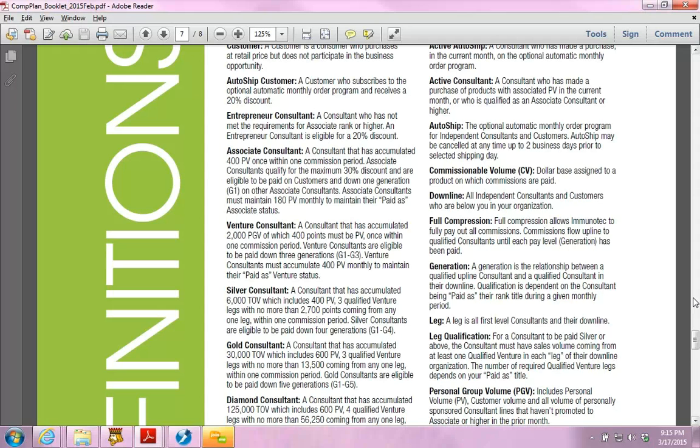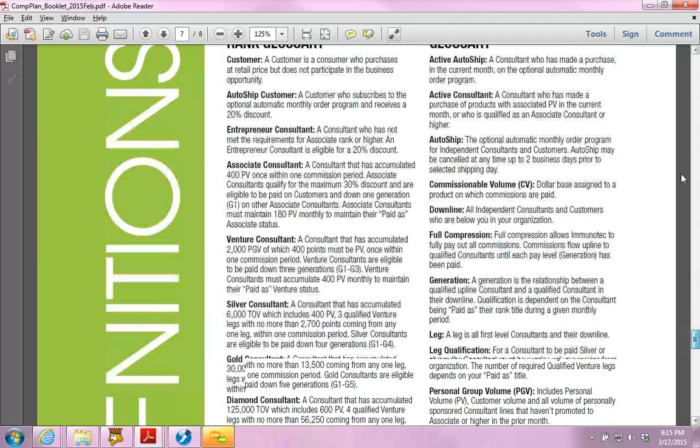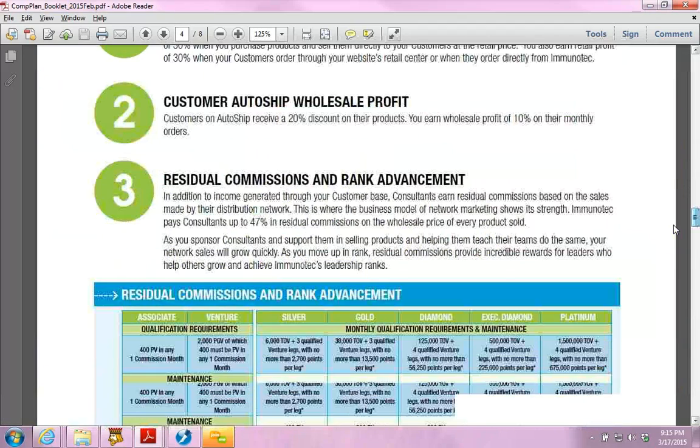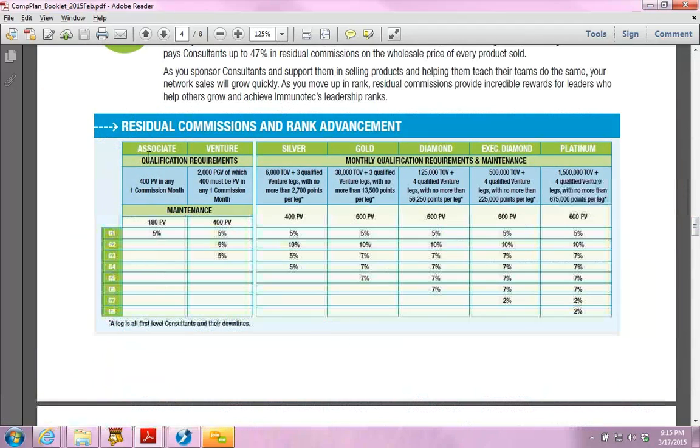Otherwise, when somebody gets started, they're going to get started as either, here we go, an associate or a venture. And you can buy your account to be either one. If you started with the $249 health pack that's like, what, 2 platinums and an Immunical, that gives you enough points to be an associate, but not to be a venture.